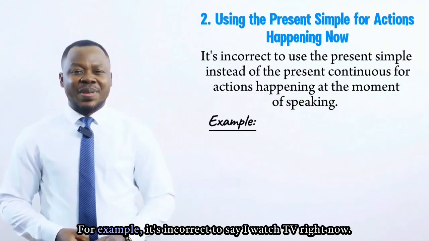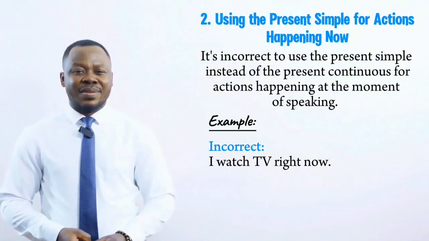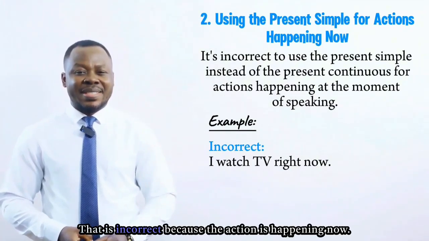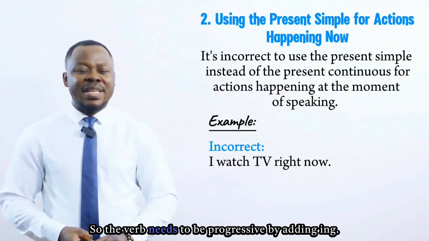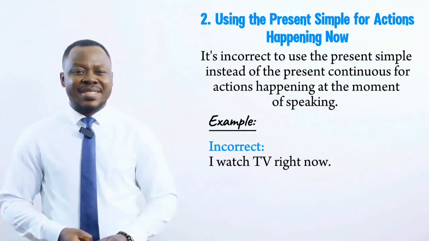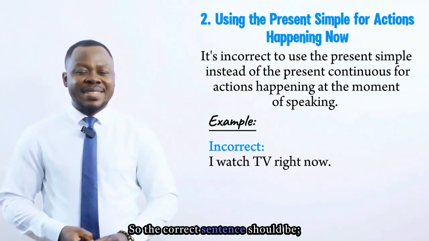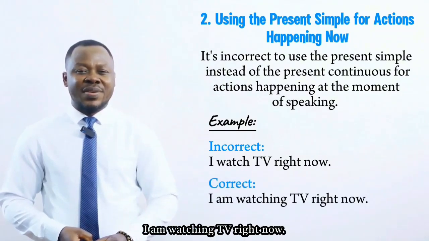For example, it's incorrect to say, I watch TV right now. That is incorrect because the action is happening now. So the verb needs to be progressive by adding ing. So the correct sentence should be, I am watching TV right now.